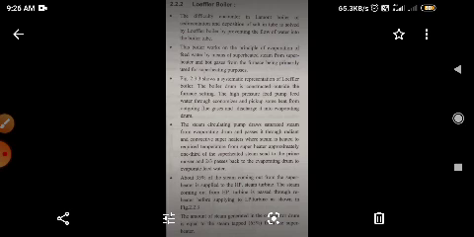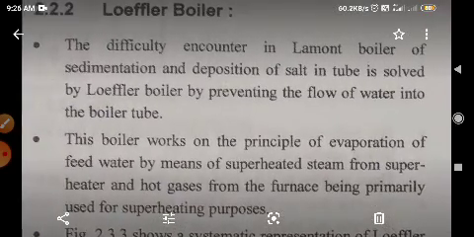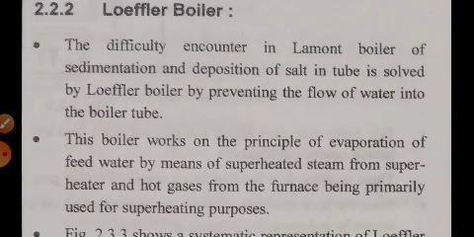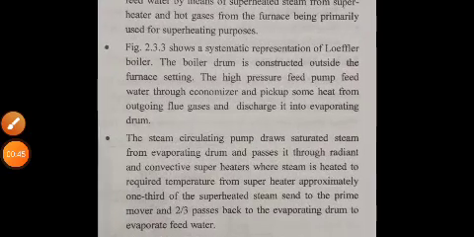Next boiler is the Loeffler boiler, in which let's discuss some points about it. What was the difficulty encountered in the Lamont boiler? Formation of bubbles on the surface of the tube reduces heat transfer.